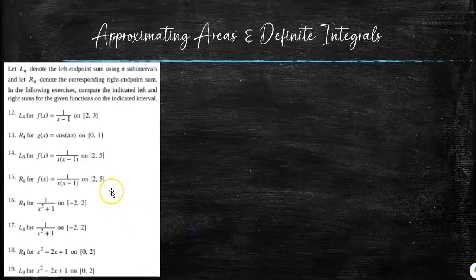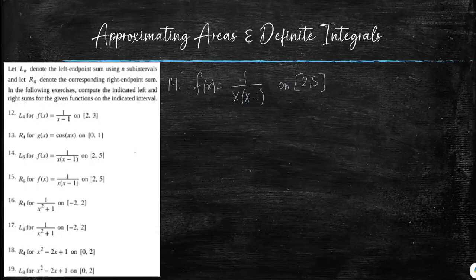It gives you a function and it explicitly asks you to use a certain method. So let's just pick a random problem. Let's do 14. Although 12 is very tempting because it's simple. But let's do 14. So our function is 1 over x times x minus 1 on the interval from 2 to 5.